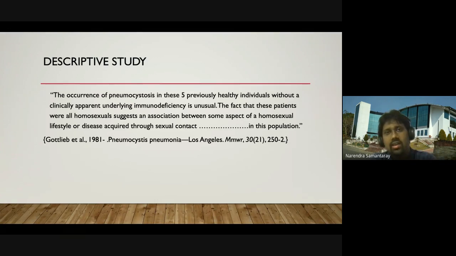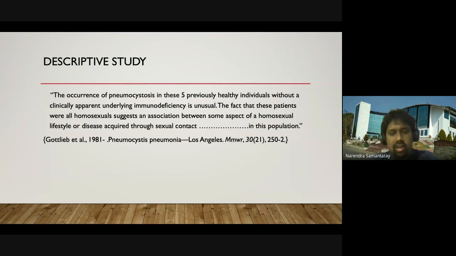But the link they found was that all those five people were homosexual, and they derived that something related to homosexual sexual intercourse might be contributing to the problem. It gave a hypothesis that the nature of sexuality or unprotected sex might have caused certain problems, and it led to the rise of knowledge of the epidemic at that time related to AIDS in Los Angeles.